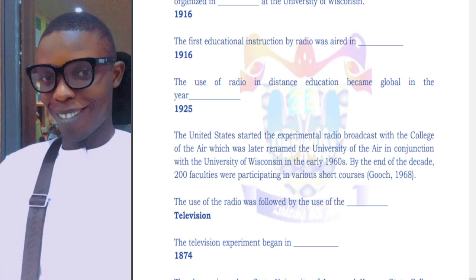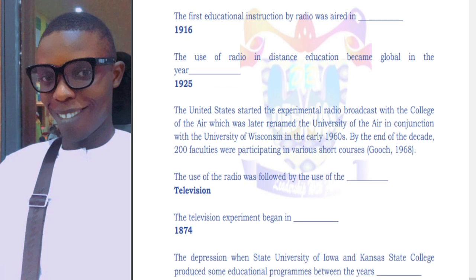In the United States, they started experimental radio broadcast with College of the Air, which was later renamed University of the Air, in conjunction with the University of Wisconsin in the early 1960s. By the end of the decade, 2,000 faculties were participating in various short courses. The use of radio was followed by the use of television.